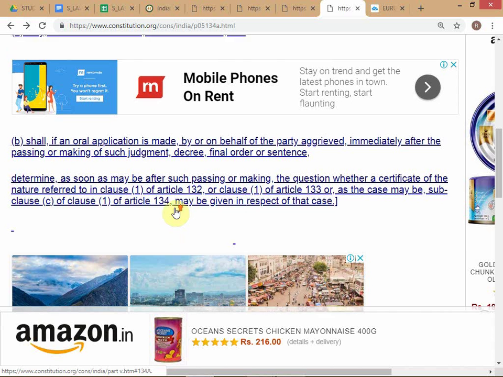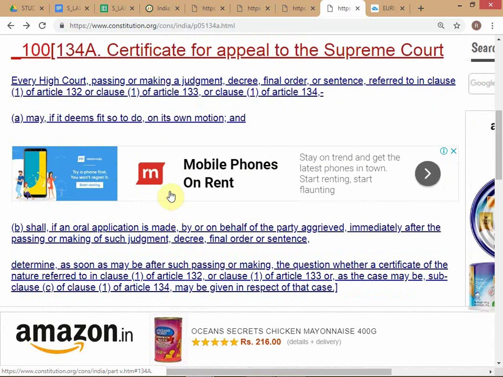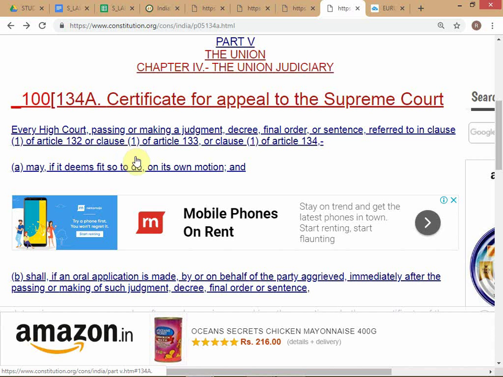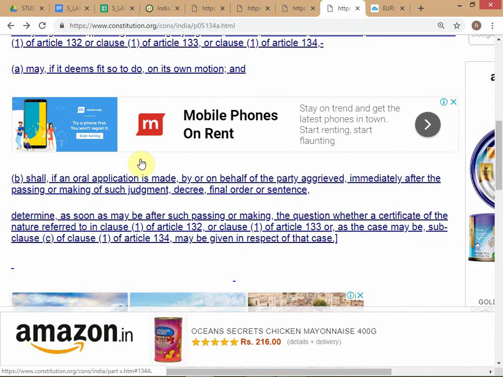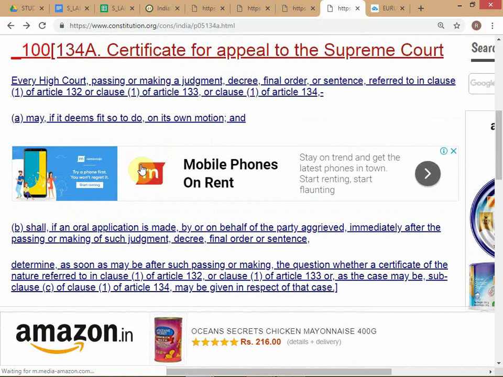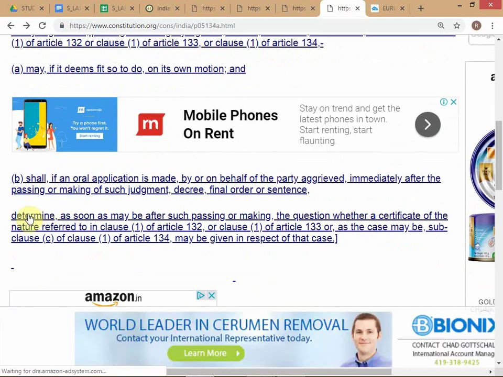The point is that under 134A, you can get a certificate of appeal in two ways. Either the High Court will do it on its own, or if it doesn't, you have to ask the court immediately to please determine whether this is a case fit for appeal under 132, 133 or 134, as the case may be. Is this clear? Now you see why you need the backstop of 136.